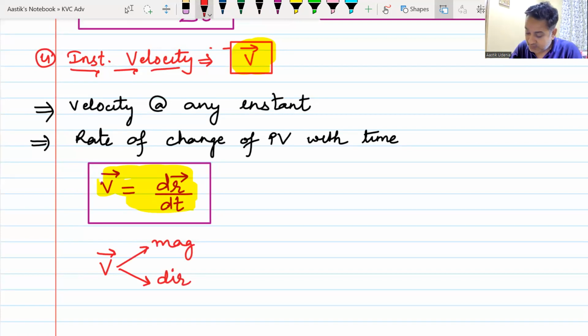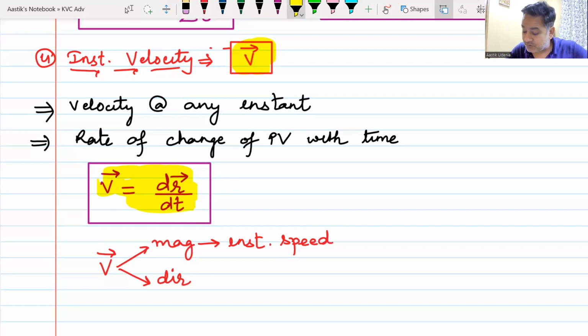Yes, sir. The magnitude of this instantaneous velocity will come equal to your instantaneous speed. Do we understand this? Yes, sir.